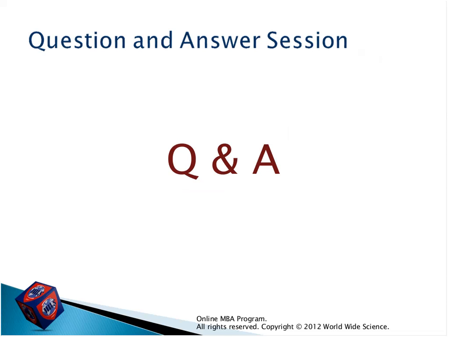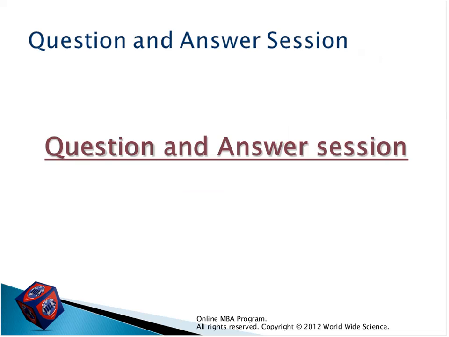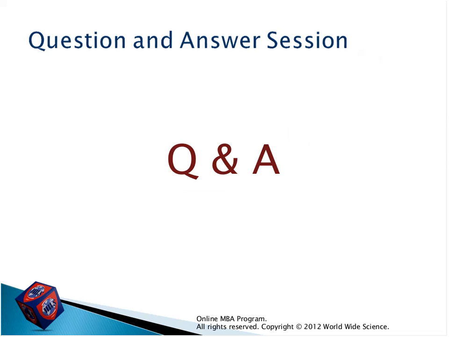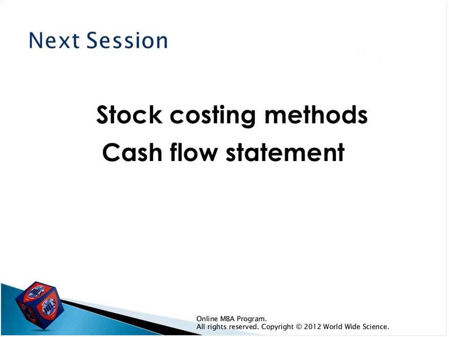And as well, you have all the chapters based on today's class, right? The next class will be based on new topics: the stock costing methods, or inventory methods, how to make calculations to find the inventory values.